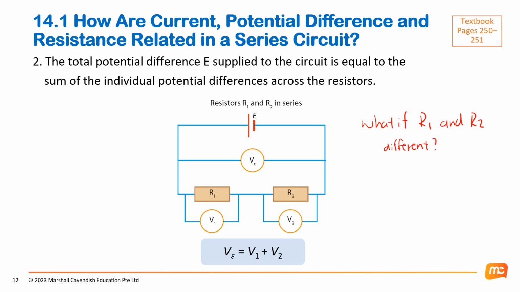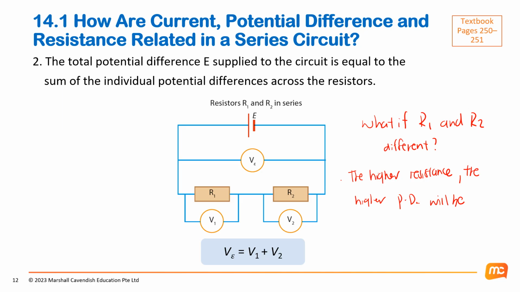Okay, so in general, for a series circuit, the higher the resistance, the higher the potential difference will be. Right, that's the general rule.